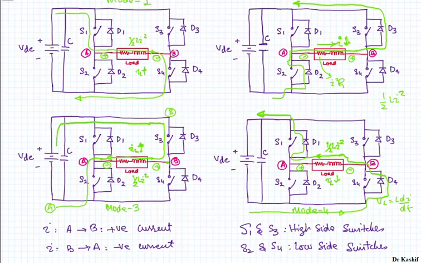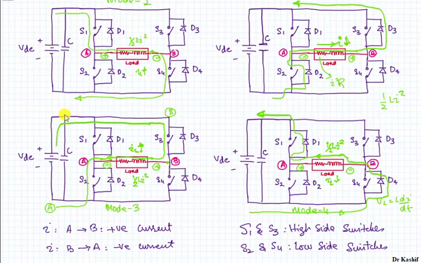That is indicated in this mode 1. So the current will flow through S1, through the load, through S4 back to your source, and this will be repeated continuously. So you will be getting the positive load voltages and the negative load voltages, and the positive current and the negative current at the load.